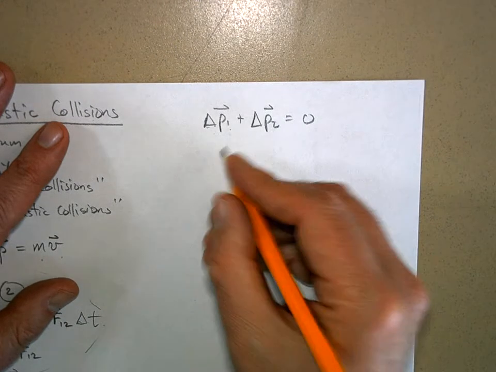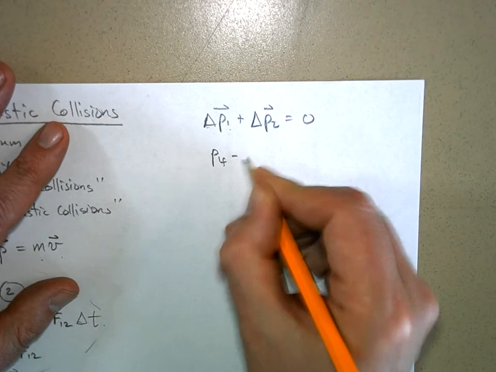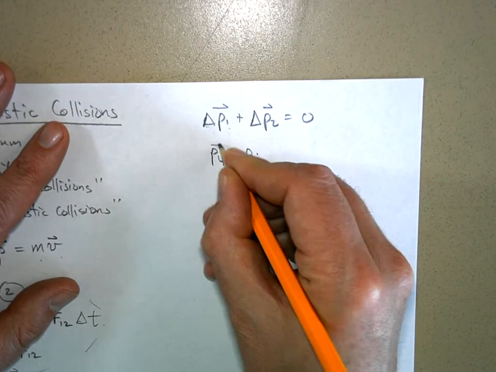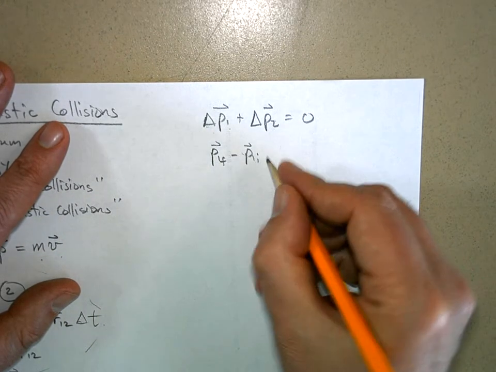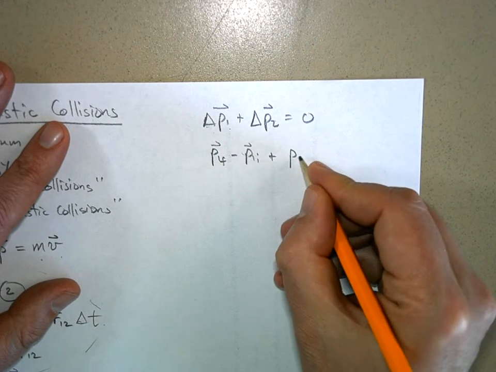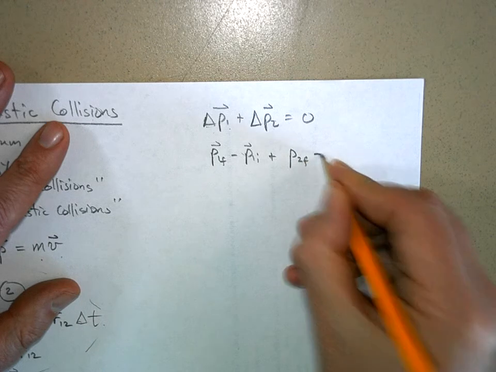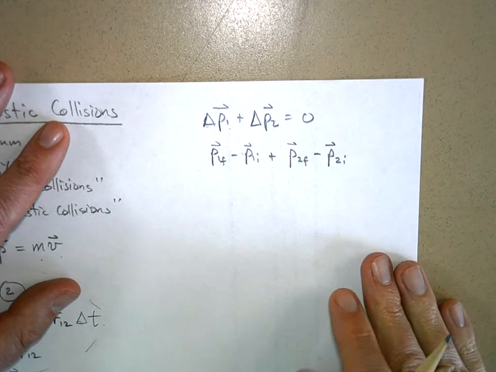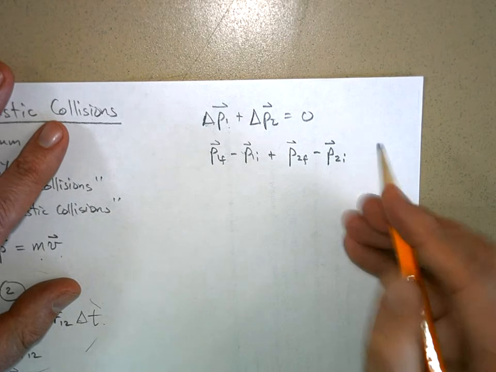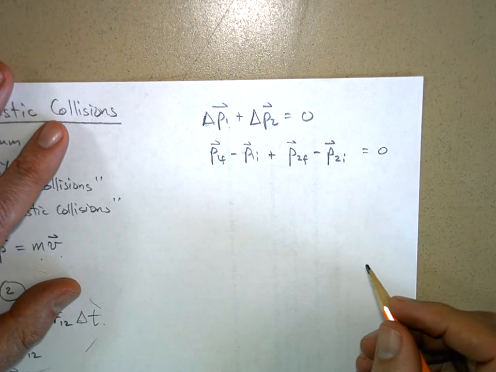So this is P1 final minus P1 initial. Does everybody agree that's delta P1, plus P2 final minus P2 initial? This is delta P2, and all of that's equal to 0.